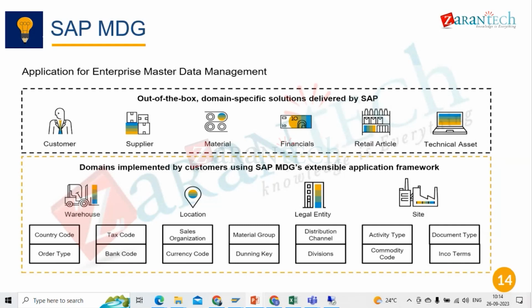Here the domain is implemented by the customer using SAP MDG's extensible application framework. Here we are going to maintain all the configurations related to warehouse, plant, legal entities, and sites. As I told you in one example before, if you are going to create vendor master data, you need to maintain number ranges. The same number ranges you have to maintain in the target systems.